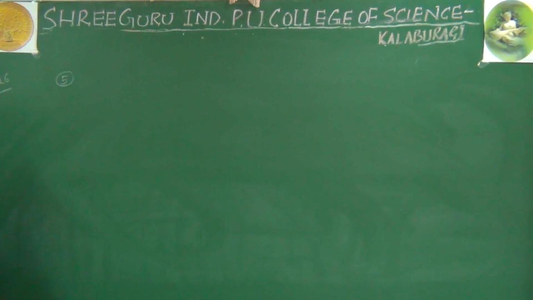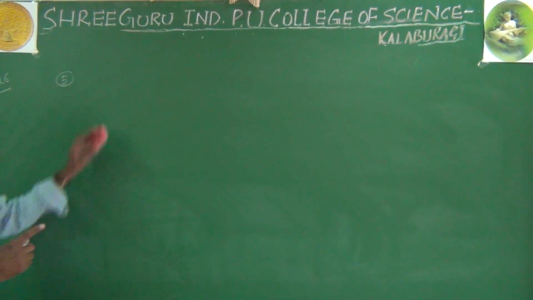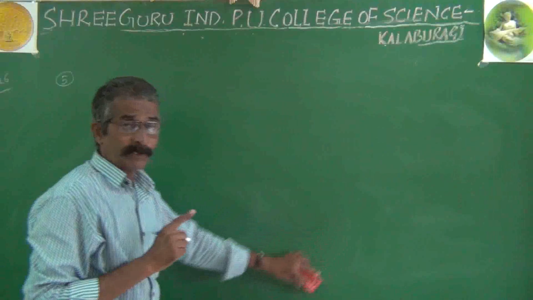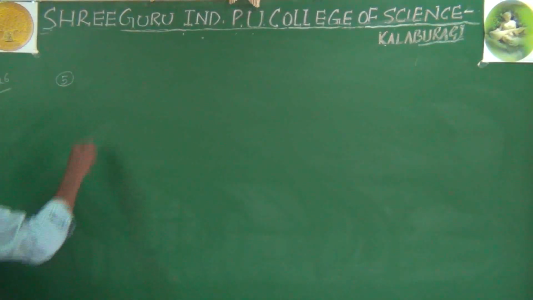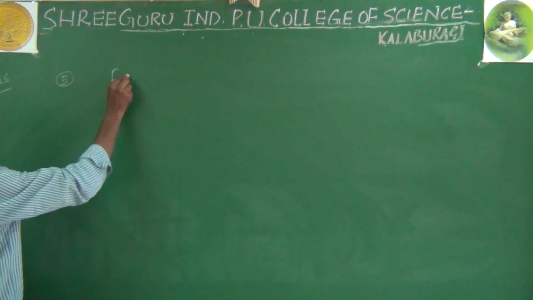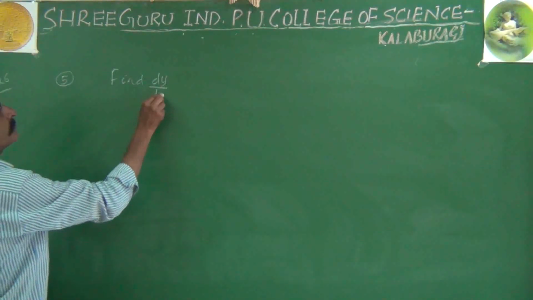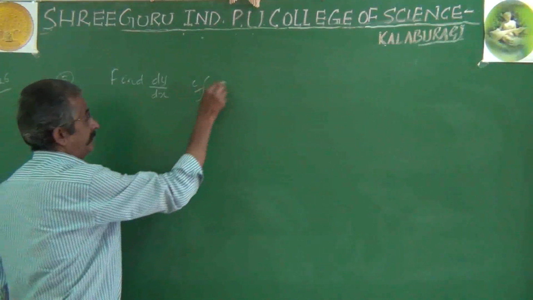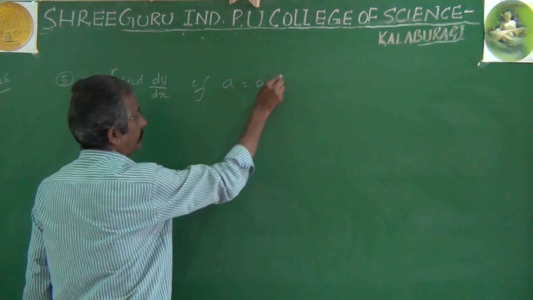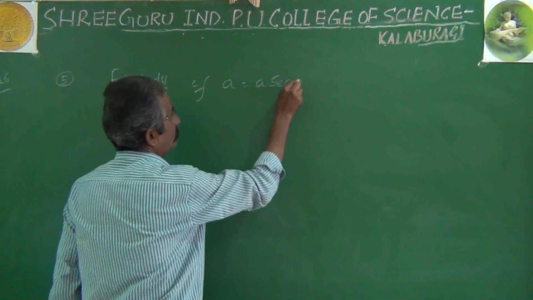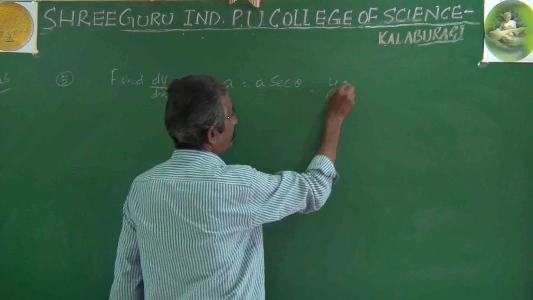Question number 5. This is concerned with the differentiation of parametric functions. Find dy by dx if x equal to a sec theta, y equal to b tan theta.